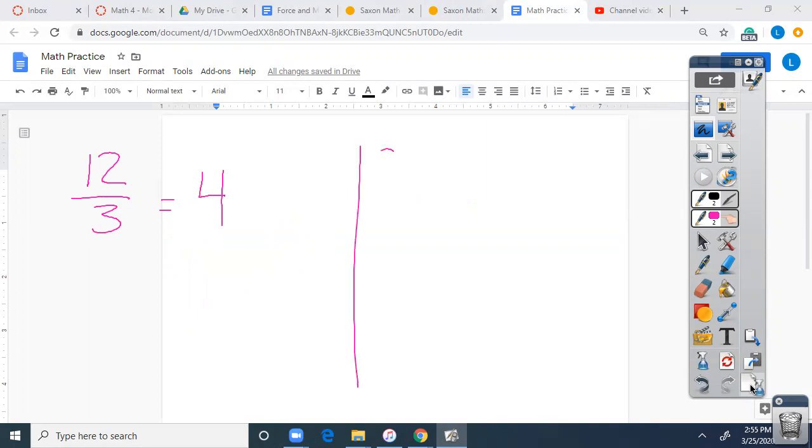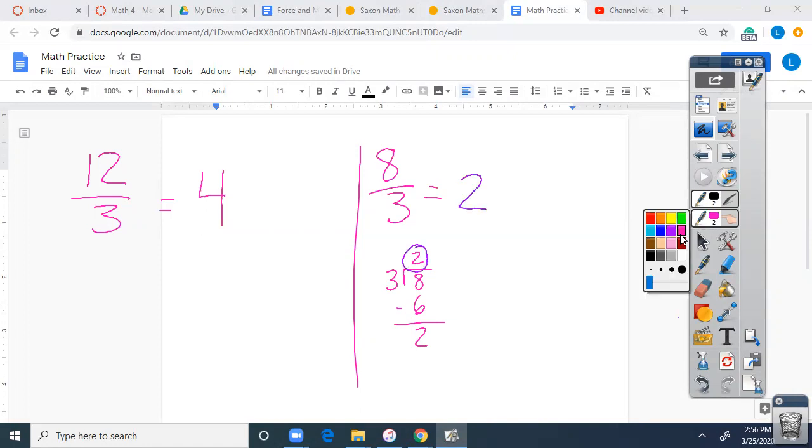The next one we're going to do is 8/3. We're converting this into a mixed number. So for this one, 3 goes into 8, or 8 divided by 3 is 2. 2 times 3 is 6. 8 minus 6 is 2, which means, I'm going to switch colors here, this 2 goes right here, 2.